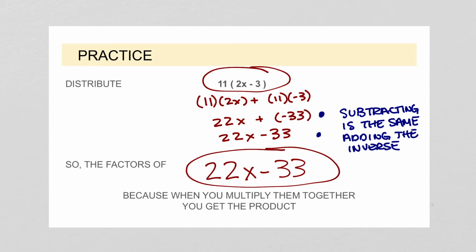So right here I had plus a negative 33. That's adding the inverse of 33. So I could just rewrite that as minus 33, because subtracting is the same thing as adding the inverse, okay?